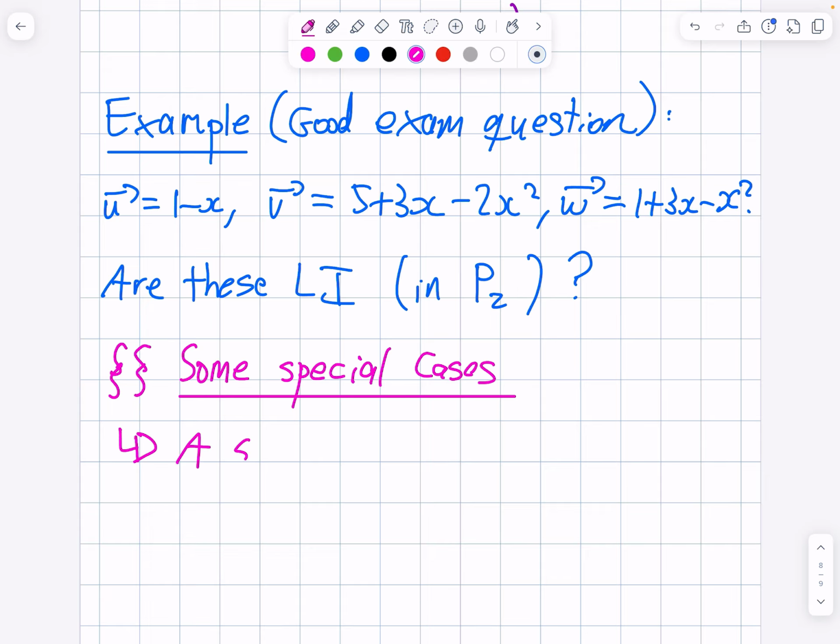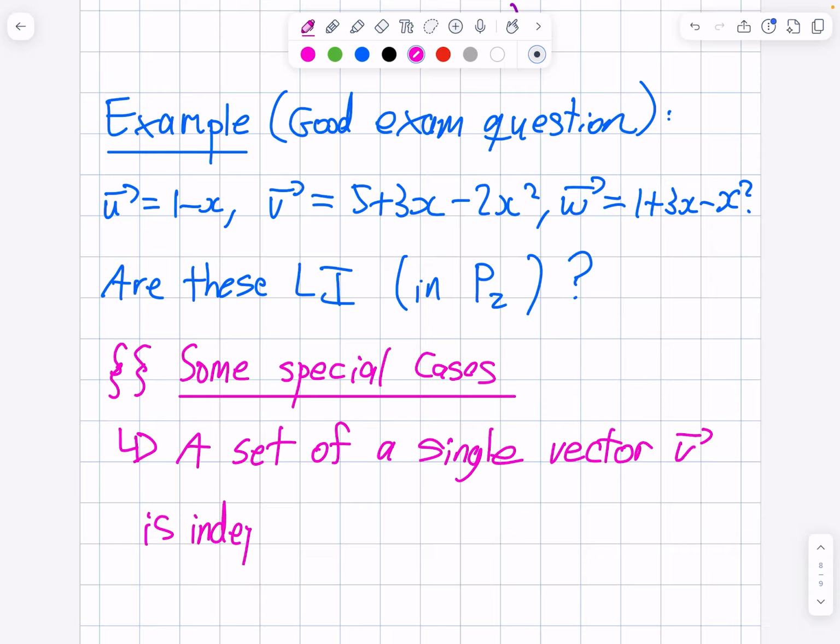So first, a set of a single vector. If we only have a single vector in our set, and that vector is v, this set is independent if and only if v is not the zero vector.